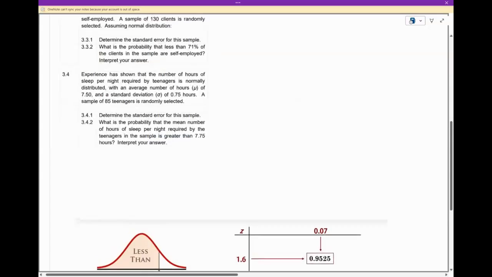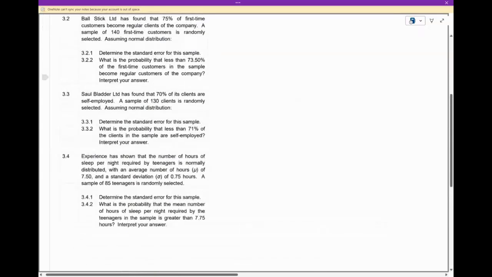But remember, the question will simply say, what is the probability that the population falls between, let's just say, 10% and 12%? So they will give you an in-between. That means we need to get the Z-score for 12% and the Z-score for 10%. Can you see?